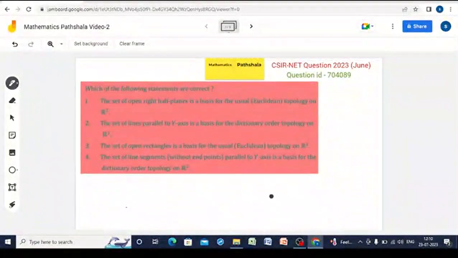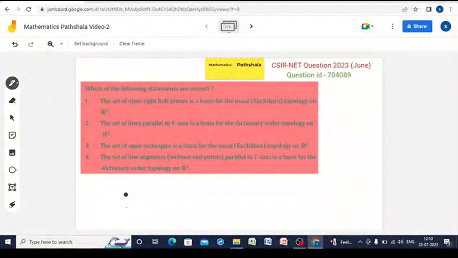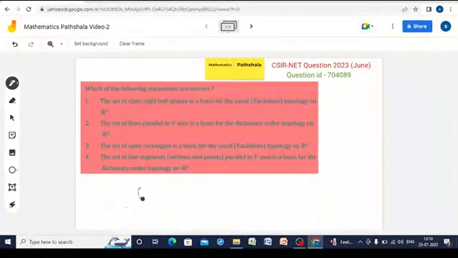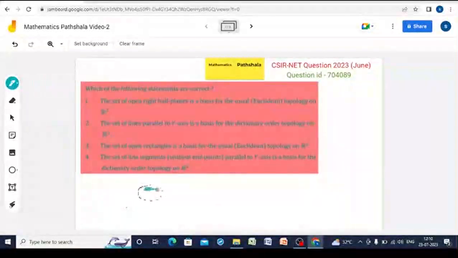We know that in R, the collection of all open intervals forms a base for the usual topology on R, and also we know that the collection of all open disks, the interior of a circle, forms a base for the usual topology or Euclidean topology on R2.